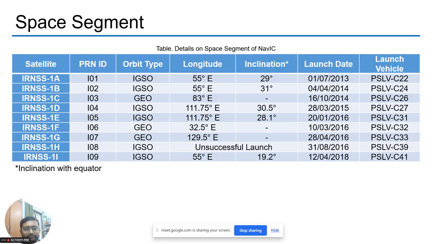In the previous lab, we discussed geostationary and geosynchronous satellites. I already mentioned that four satellites are geosynchronous and three are geostationary. You can see geosynchronous satellites are not just on the equator. They have some inclination with the equator.